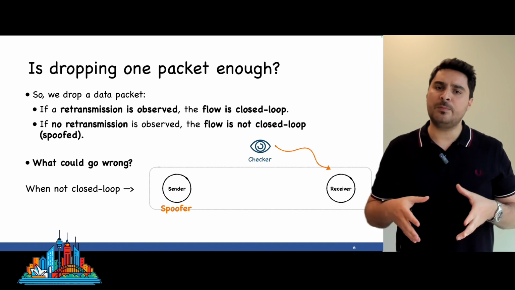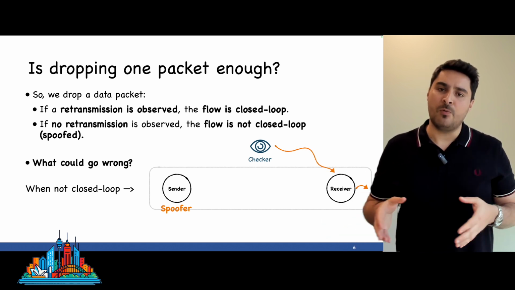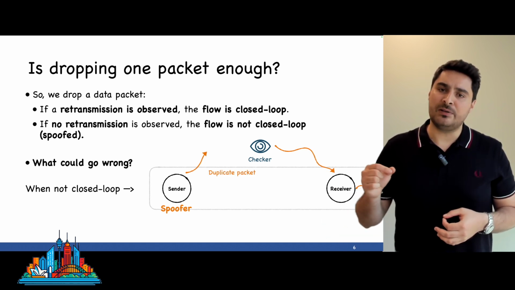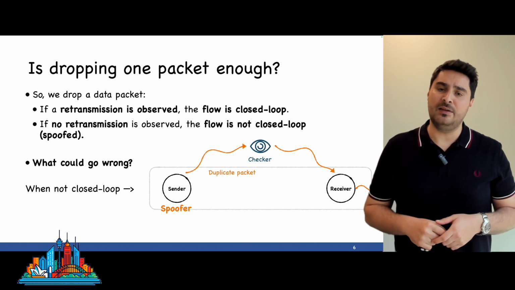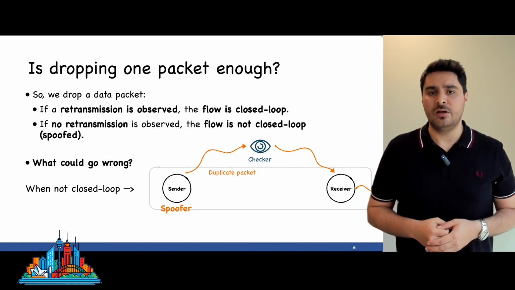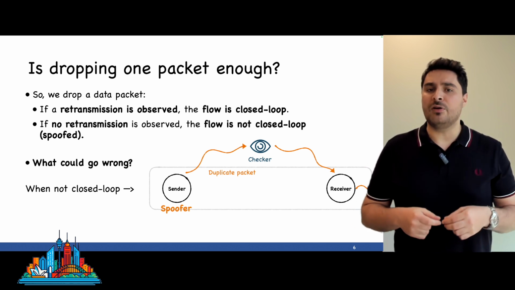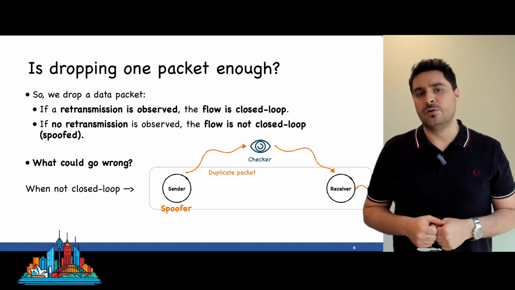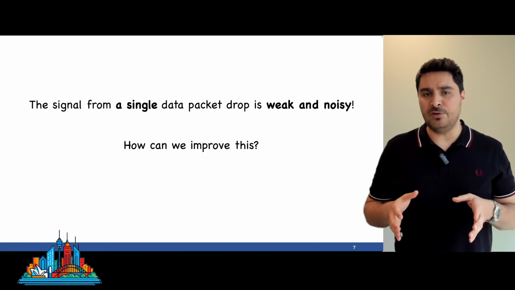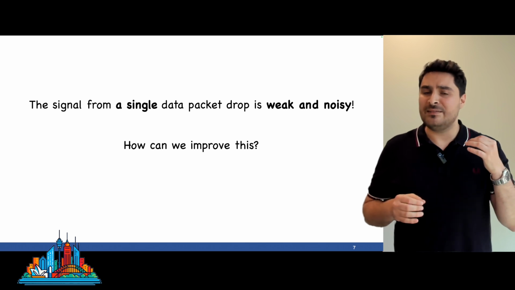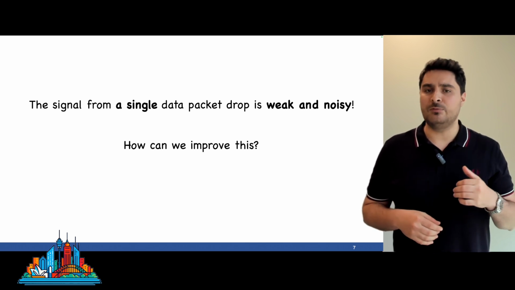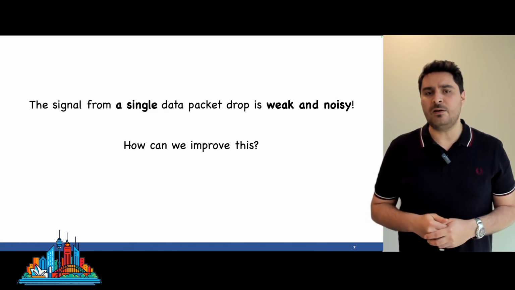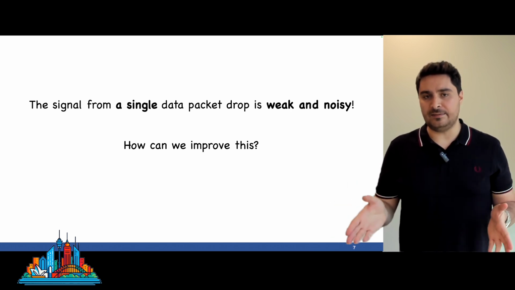Secondly, we may drop a packet from a spoofed flow where the sender deliberately sends duplicate packets in order to mimic retransmissions. In this case, we will wrongly characterize the spoofed traffic as closed loop. It becomes obvious that by just dropping a single packet, the signal is weak and noisy. Can we do better? Yes.